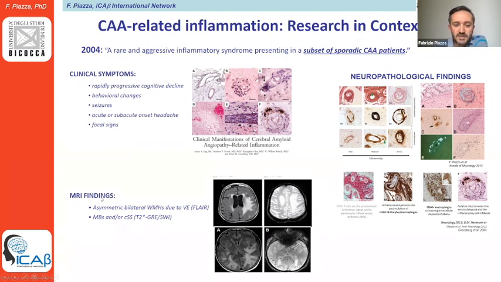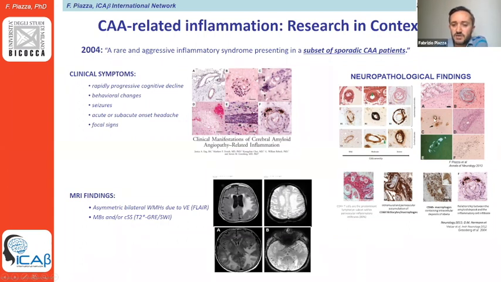And the MRI findings are very clear and very similar to ARIA: asymmetric and bilateral white matter hyperintensities due to vasogenic edema or sulcal effusion as ARIA-E, and microbleeds and cortical superficial siderosis as ARIA-H in clinical trials.